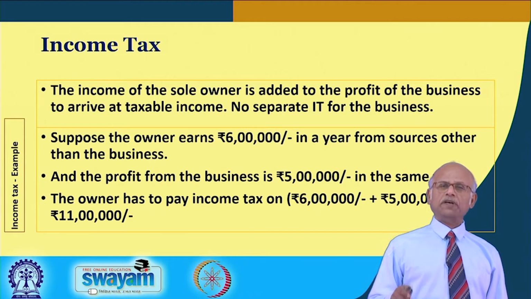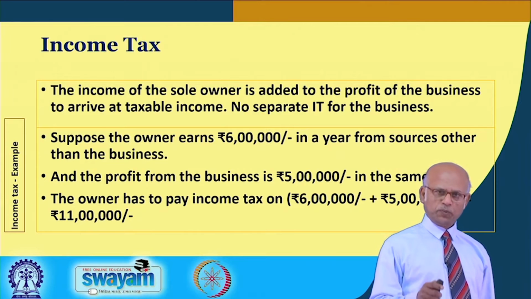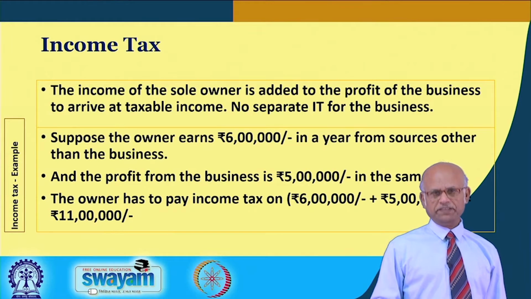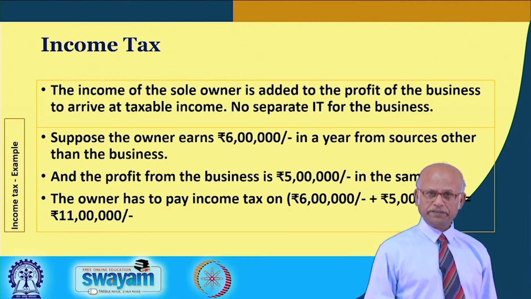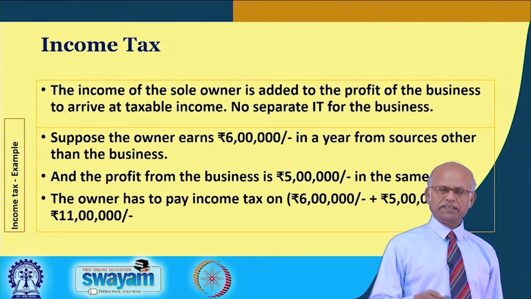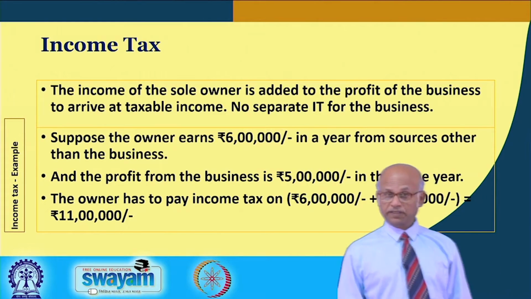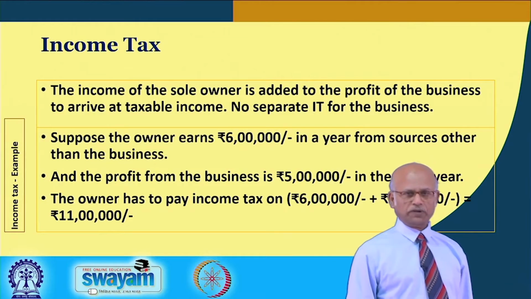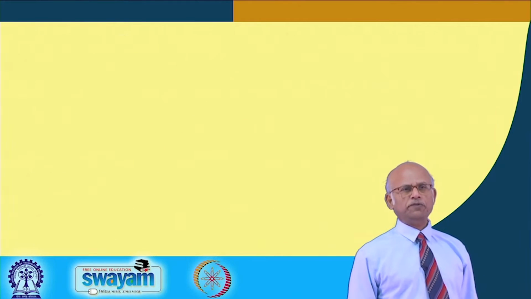So, total income of the proprietor becomes 5 plus 6, 11 lakh rupees. The proprietor now has to pay income tax on the whole 11 lakh rupees, but he gets the benefit of the income tax slabs applicable to individuals. That may not always be advantageous to the proprietor. I will discuss that very soon.